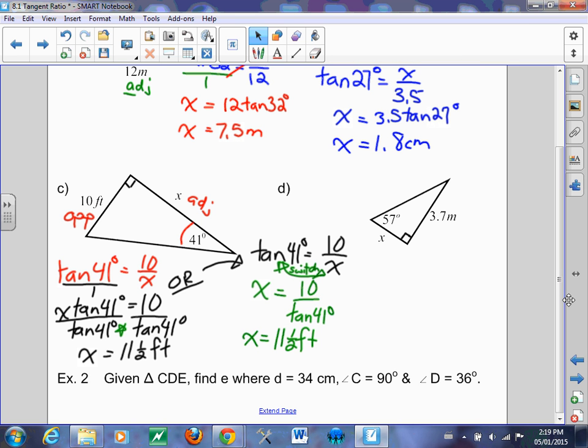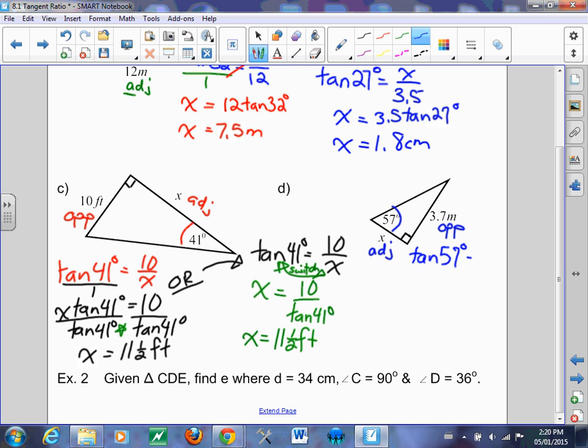All right? Okay. Moving on here, D. Okay? Here's my angle of reference. So I have an opposite side here. I have an adjacent side here. Again, opposite and adjacent means I'm using the tangent ratio. So tan of 57 degrees equals the opposite, which is 3.7 divided by x.